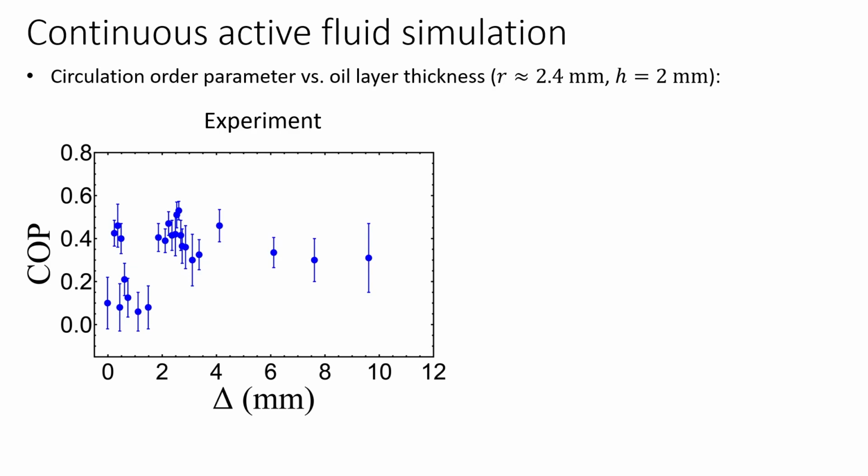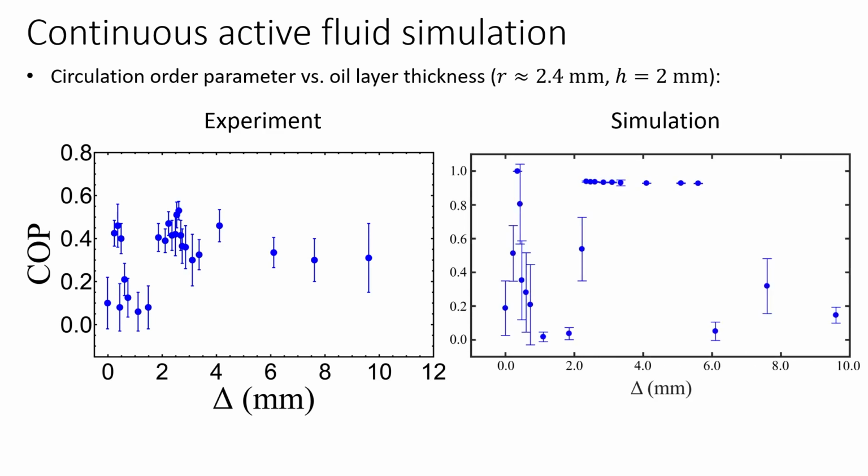Here, we selected one set of experimental measurements of circulation order parameter versus oil layer thickness for this particular droplet. Then, we fed these experimental parameters into our model to calculate the corresponding circulation order parameter as a function of oil layer thickness.